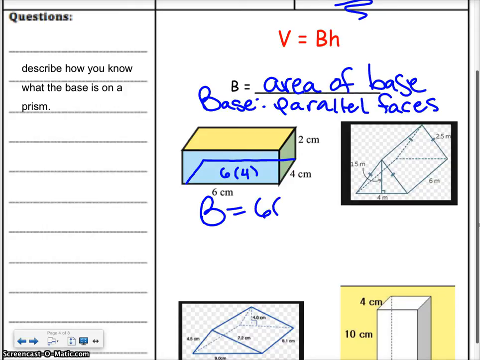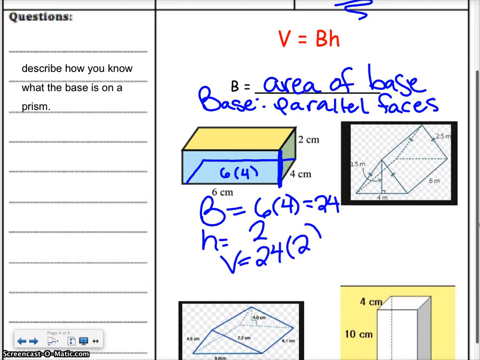So big B is 24. The height of my prism is what connects my two faces or bases. My height is right here. What's my height? 2. So my volume is 24 times 2, 48. Now this is where you do cubic centimeters, cubic because it's three-dimensional. You have a length, a width, and a height.